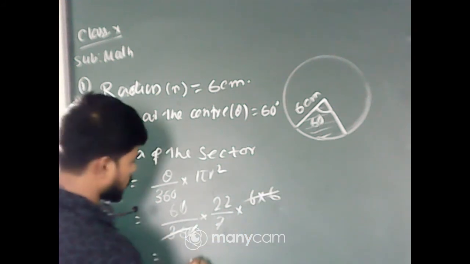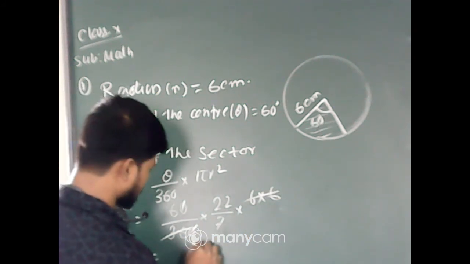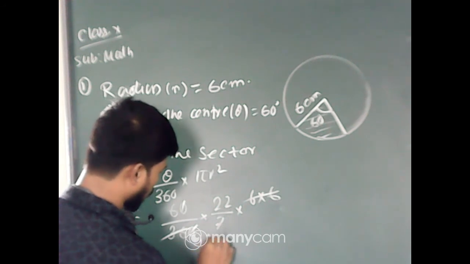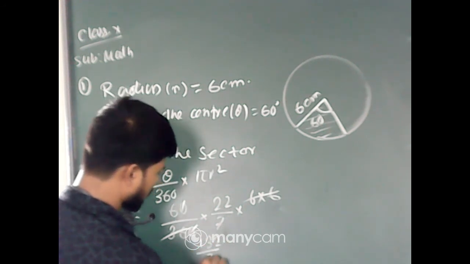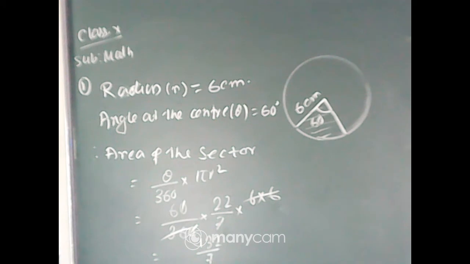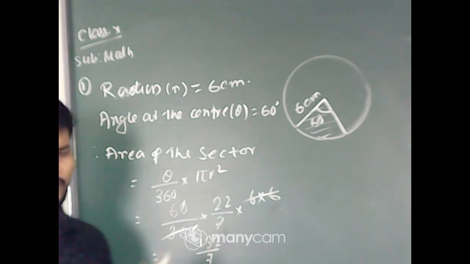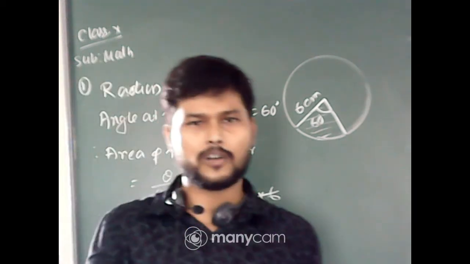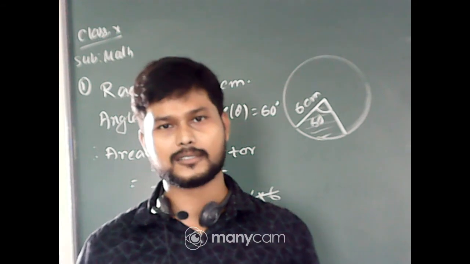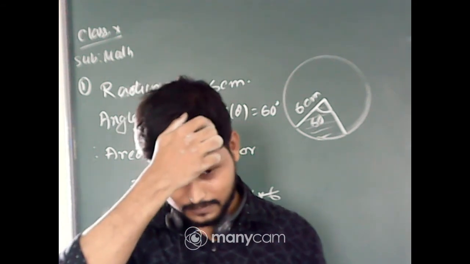So 22 into 36 by 7 is equal to 132 by 7. We have to divide 132 by 7. That will give the answer. The problem is very easy. You just apply the formula and you will get your answer.